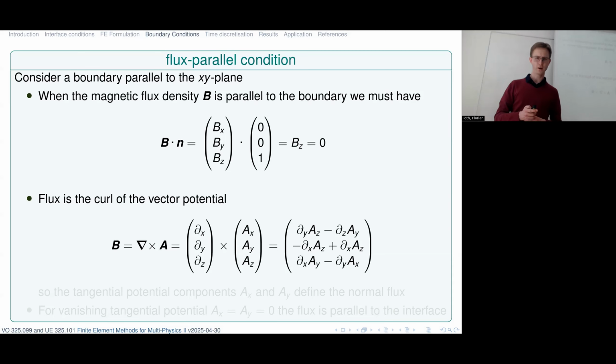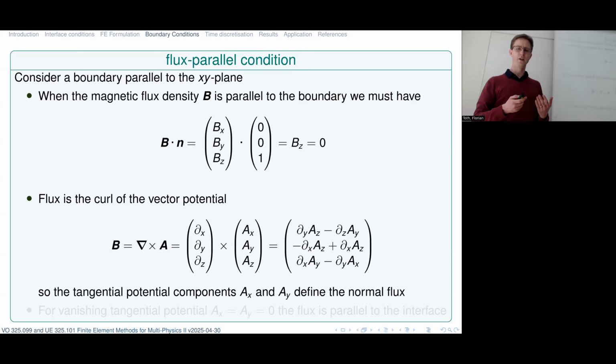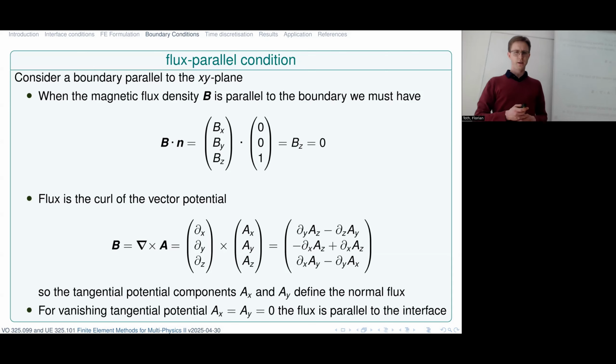If we build the curl of this and we want to have Bz equal to 0, we see that this is only satisfied if the Ay and Ax components are both 0, and these are actually the tangential components of the vector potential. So for vanishing tangential components, the flux will be parallel to the interface because the normal component of the flux density Bz needs to be 0 in this case.